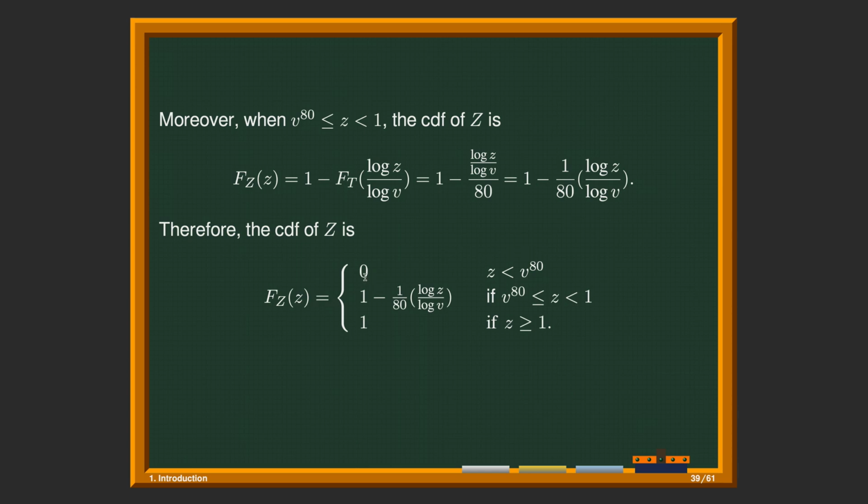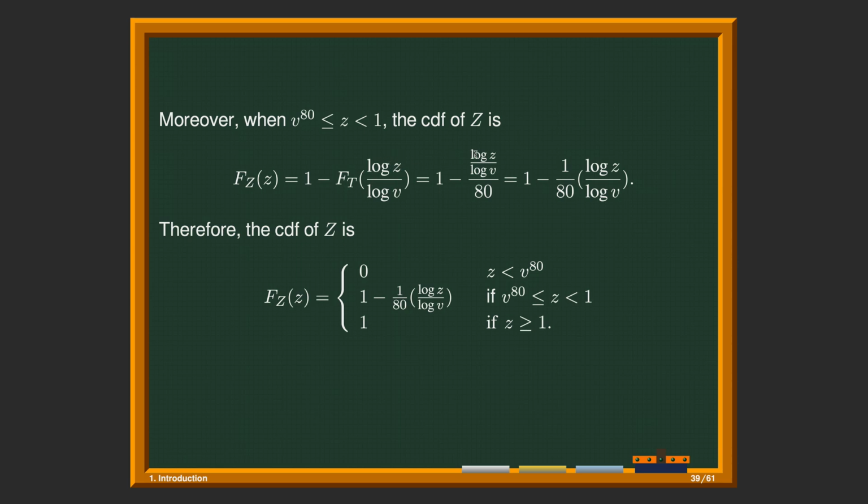So we put that here, right? Z less than V to the 80 has CDF 0. And then we now look at the case when Z is between V to the 80 up to 1. So the CDF is given by the formula that we have. That's 1 minus the CDF of T evaluated at log of Z all over log of V. But then we said that the CDF of T is t over 80.